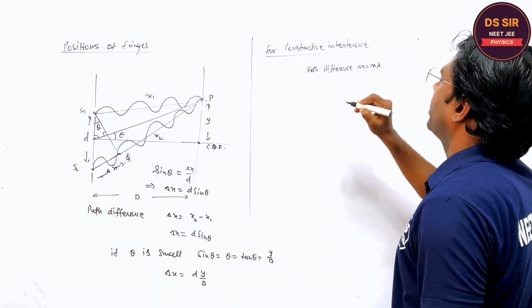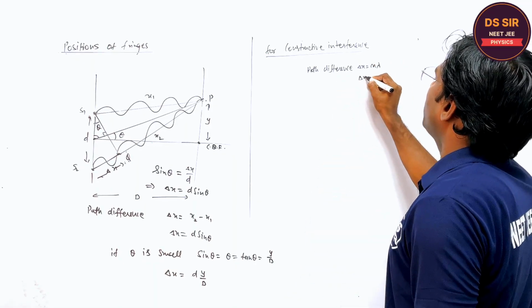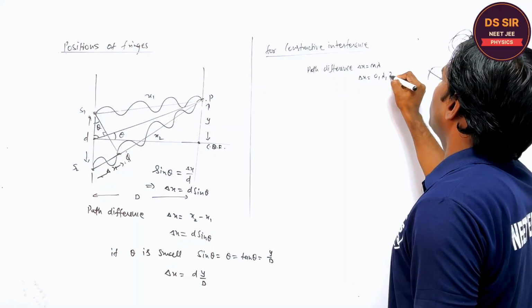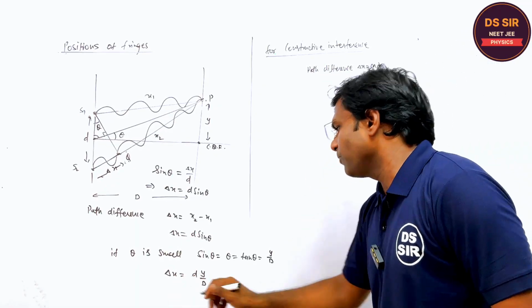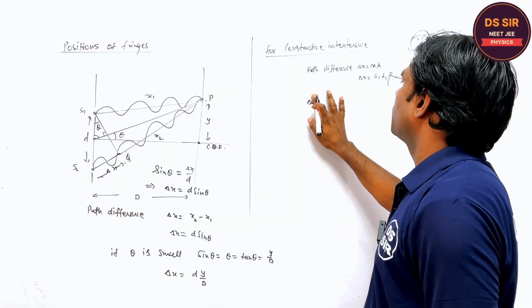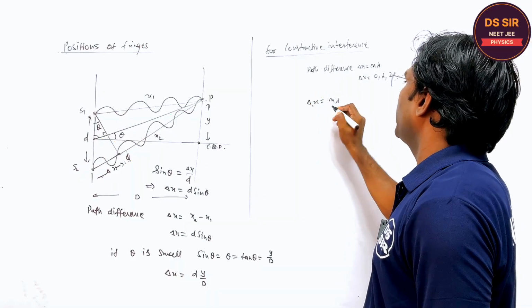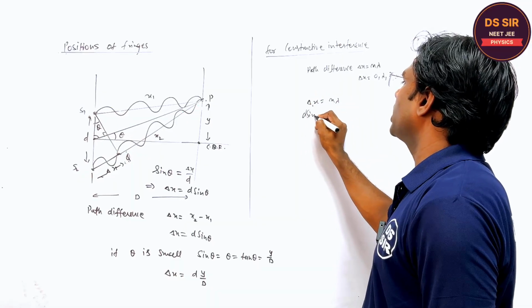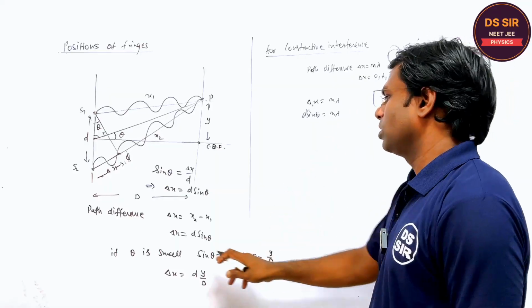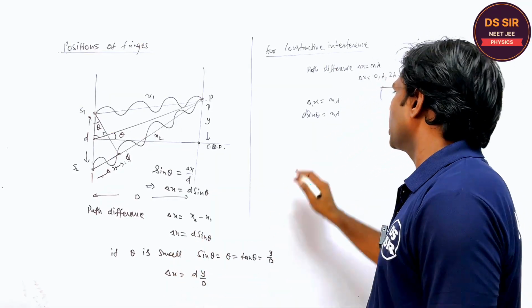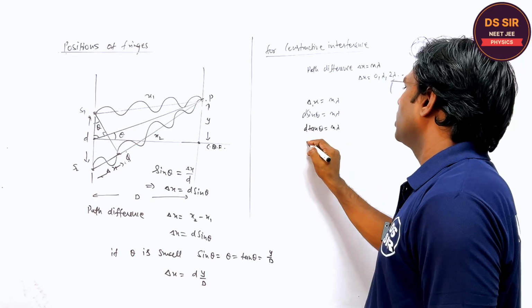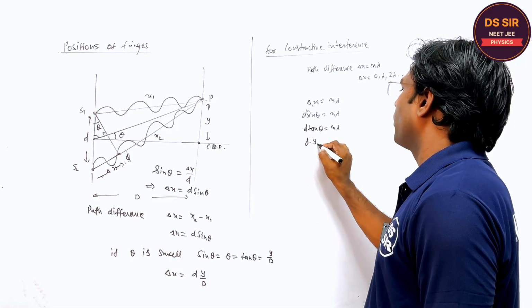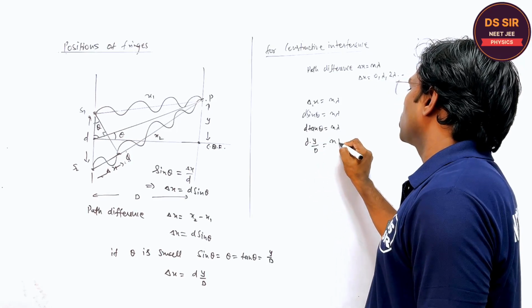It is equal to n lambda, meaning the path difference must be 0, lambda, 2 lambda for constructive interference. So delta x must be equal to n lambda, and this is equal to d sine theta. d sine theta can be written as d tan theta is equal to n lambda, and tan theta written as y upon D gives d y upon D is equal to n lambda.